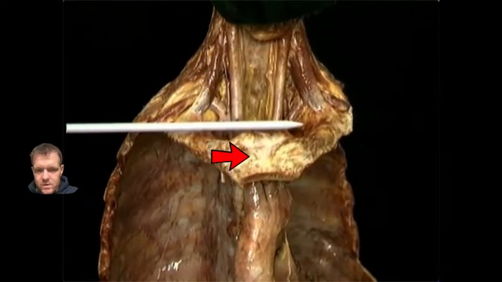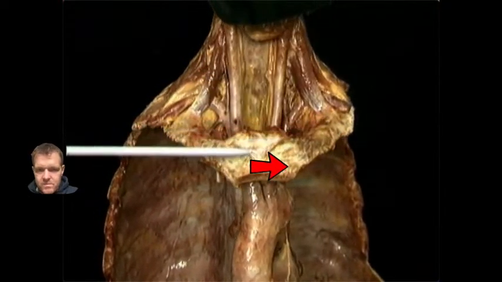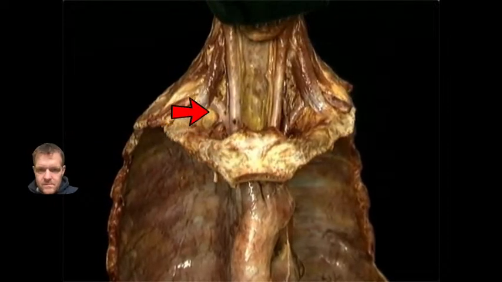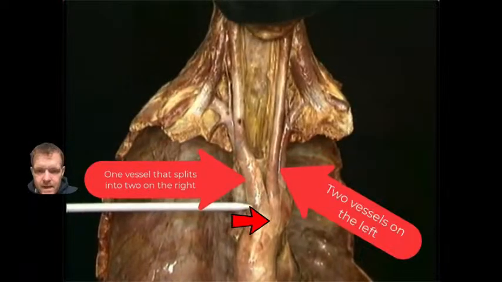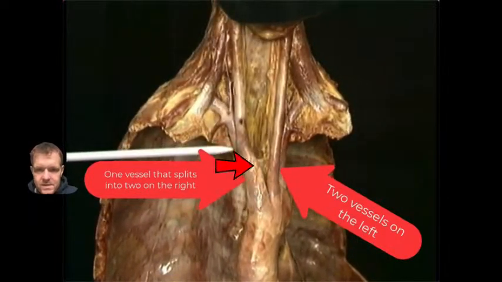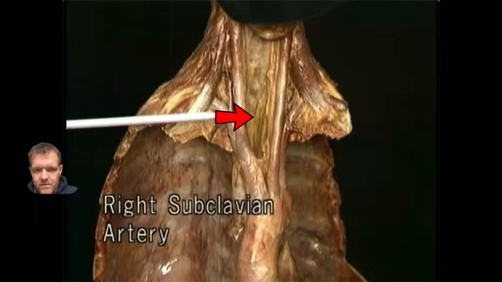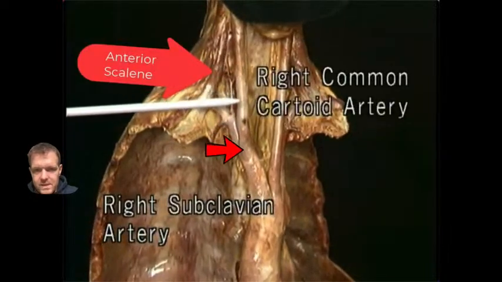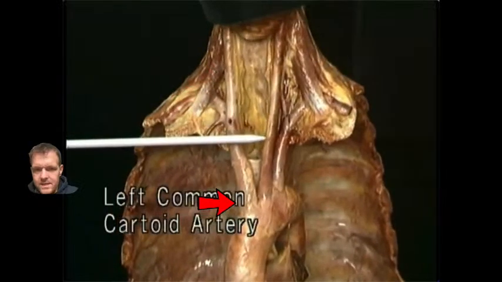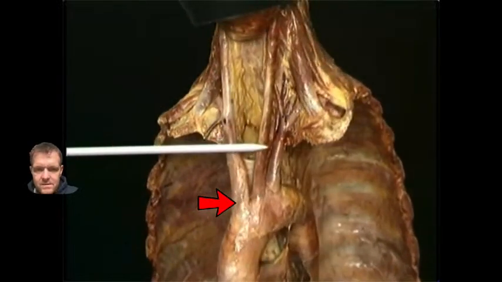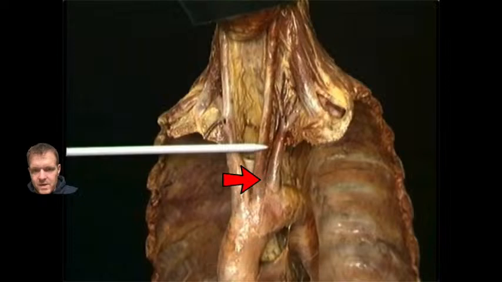So there's the manubrium, clavicle, sorry, first rib. And then there's the split just there. So there's the brachiocephalic part of it, and then it splits into the carotid and then the subclavian on that right side. So on the left side, I'll just pause that there. On the left side, you've got two separate vessels, one that goes to the arm, one that goes to the head and neck.